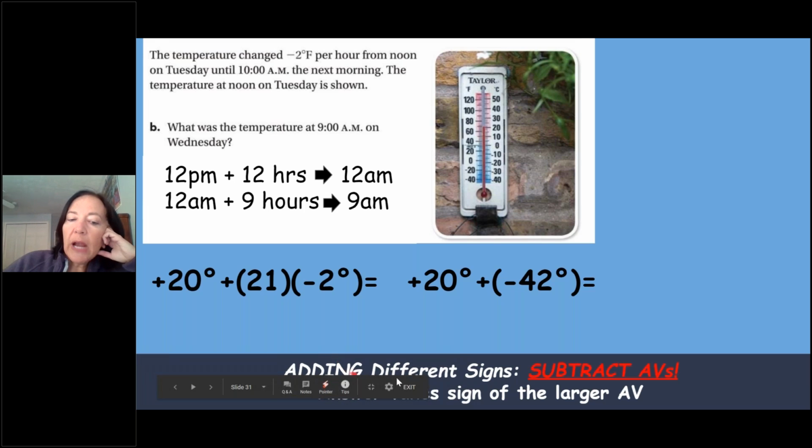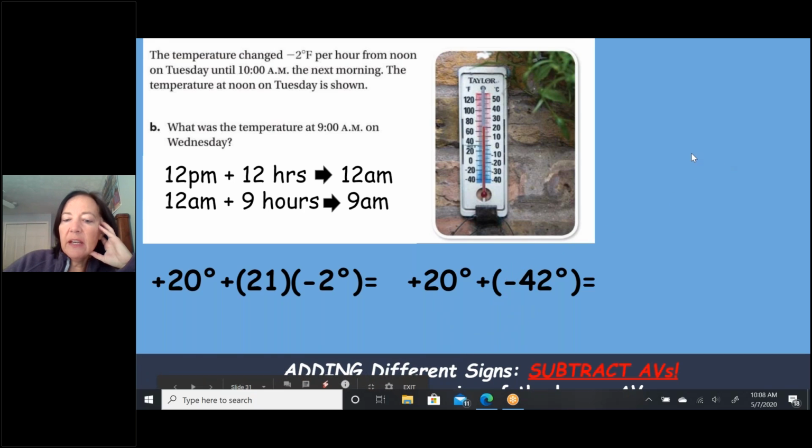It says, when we're adding two numbers and they have different signs, like this is a positive number and this is a negative number, then the answer is going to keep the sign of the larger absolute value. So absolute value, which number is farther from 0? So on a number line, which is farther, negative 42 or positive 20?